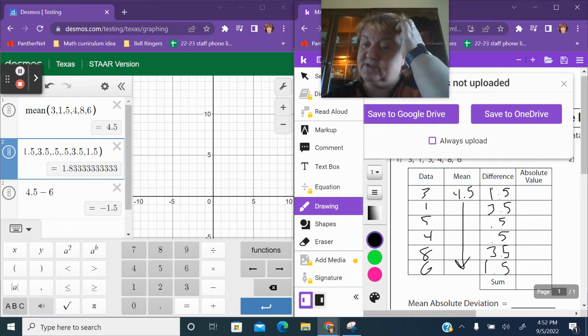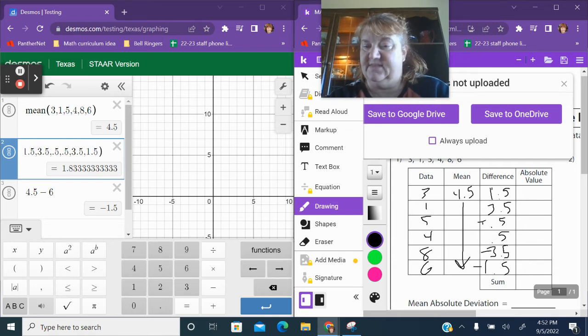I gave the absolute value. These two were actually negative numbers, but I went ahead and used the absolute values: 3.5, 0.5, 0.5, 3.5, and 1.5.